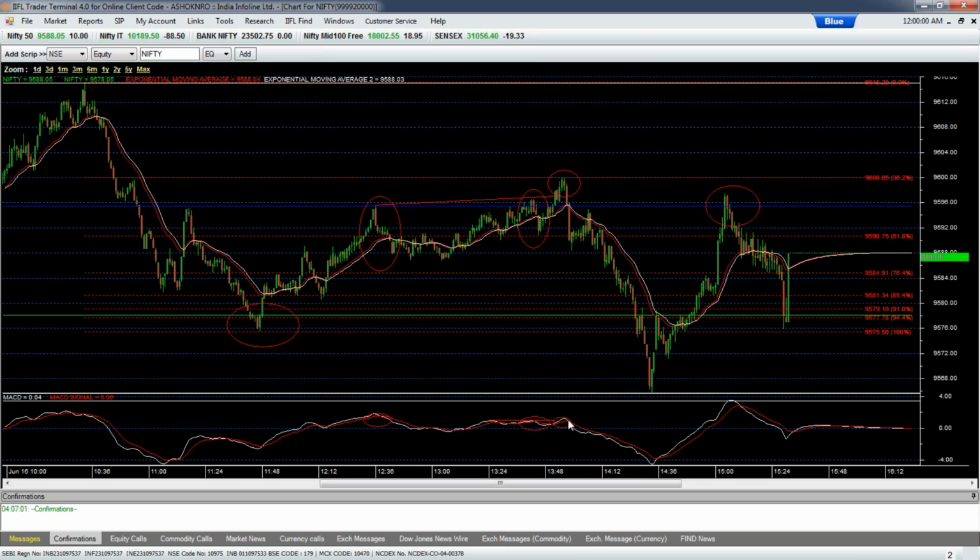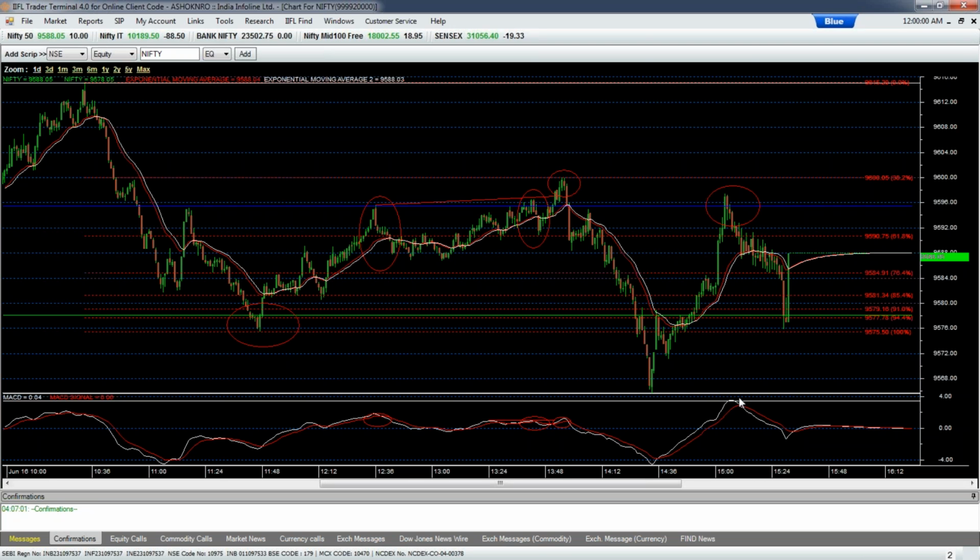And look at this MACD over here, it is so high over here. It means that this one is a false top the market has made. So you never know, the market may reverse or collapse right at the top it has made.